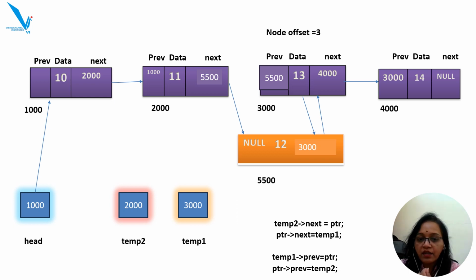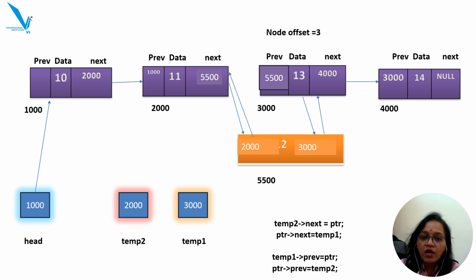Okay, and lastly pointer of previous is equal to temp2. So this null in orange, the previous pointer, should point to the previous node, that is the 2000 address. Just update it with 2000, so it starts pointing to this. So check out, these are the double pointers, next and previous pointers. We have added the orange node successfully at position 3, and here I have shown both the links, but for the rest of the linked list I have not shown them for simplicity.